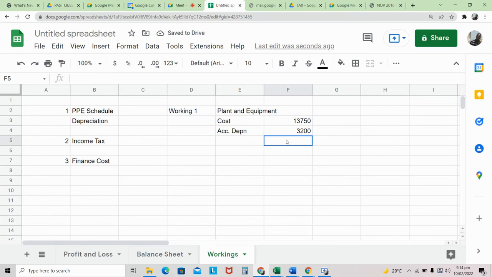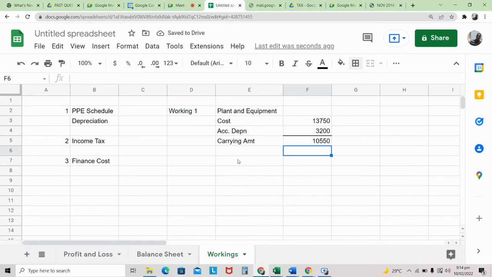So it means that our carrying amount at the beginning of the year is this minus this. This is the carrying amount at the beginning of the year, before we charge depreciation for the year.